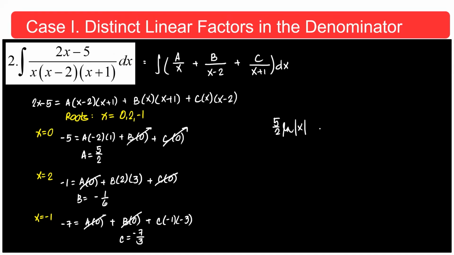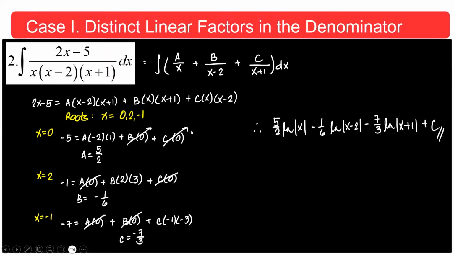ln of x. B is negative, so minus 1, 6, ln of x minus 2. C is negative also, minus 7 over 3, ln of x plus 1. Is it clear, guys?